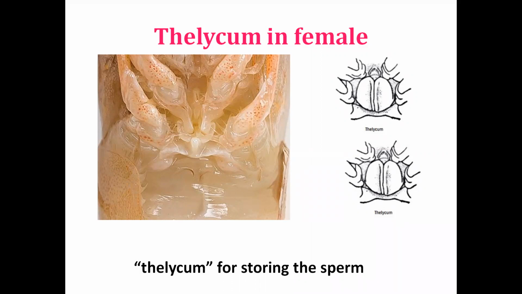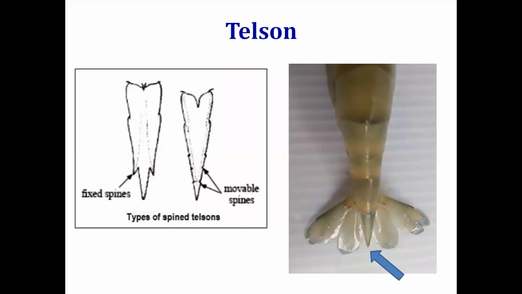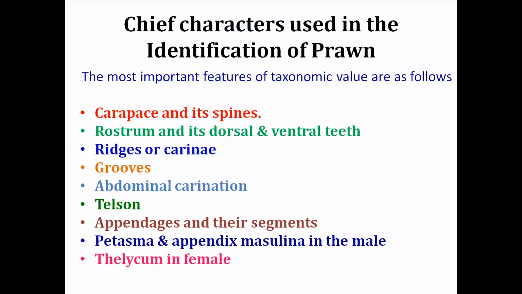So these features, these different features in the prawn, if you compare or study in detail, like the carapace, its spine, the rostrum, the ridges, the grooves on the carapace, abdominal segment, their overlapping, their ridges, the antelson, shape of the telson, presence of the spines, type of the spines, then appendages, their segments, their modification, then petasma, appendix masculina, their position, their presence, their absence, then thalicum in female, their presence, their absence, their modified form.